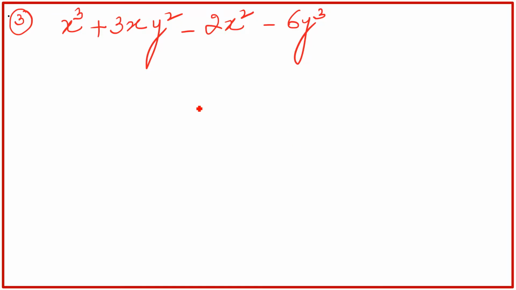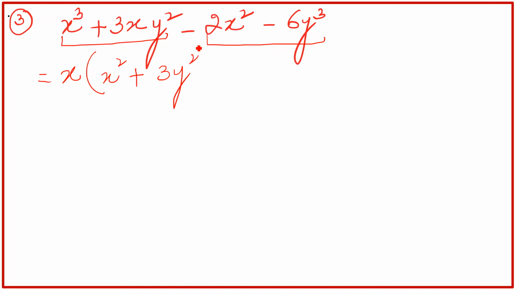Question number 3. See here, x cube plus 3xy square and then minus 2x square minus 6y cube. So what we will do, we will make the sets. Usually if we have 4 terms, we make sets. So x we will take common from here, x square plus 3y square.